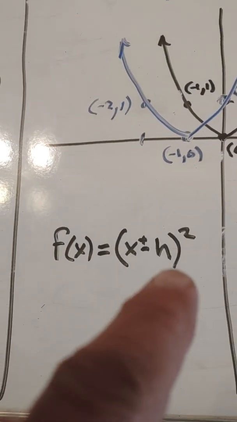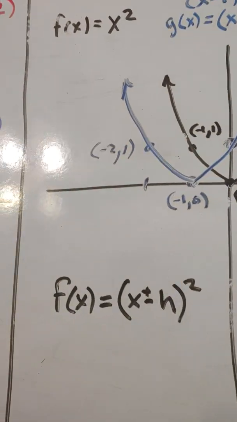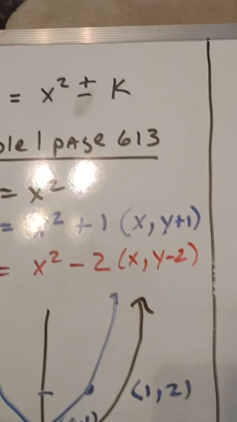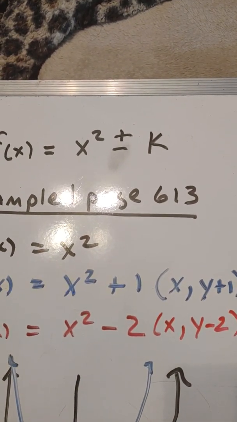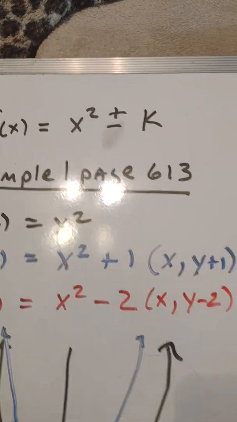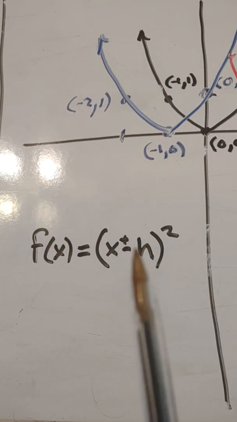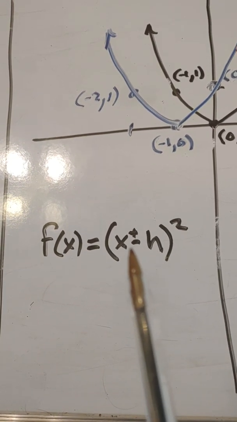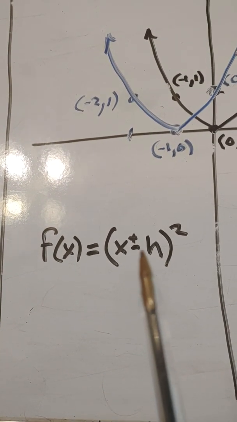And we call this h. So h right here is being added or subtracted directly to the x. It's not the same situation here where k was added or subtracted to x squared. Now, this becomes the difference that you've got to look at, because if the number is being subtracted from h, it's a movement to the right.